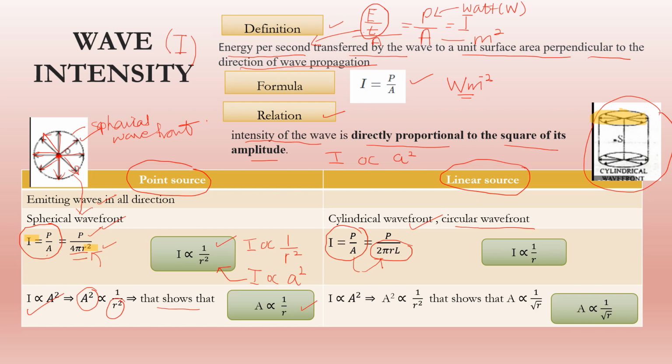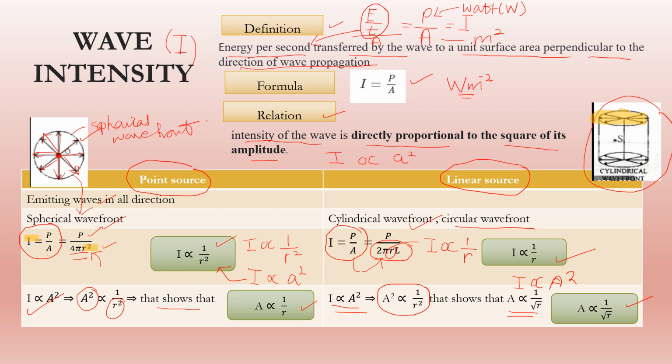So from here you know that the intensity is inversely proportional to R. This is very important. From the relation, intensity is directly proportional to the square of its amplitude, small a or big A. Therefore I can say A squared is inversely proportional to R, so I get this.